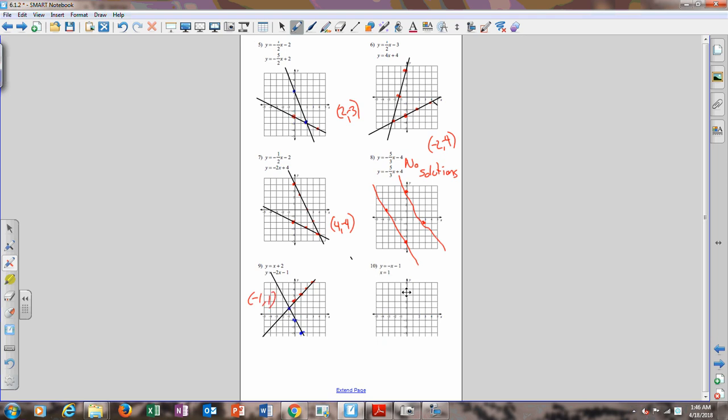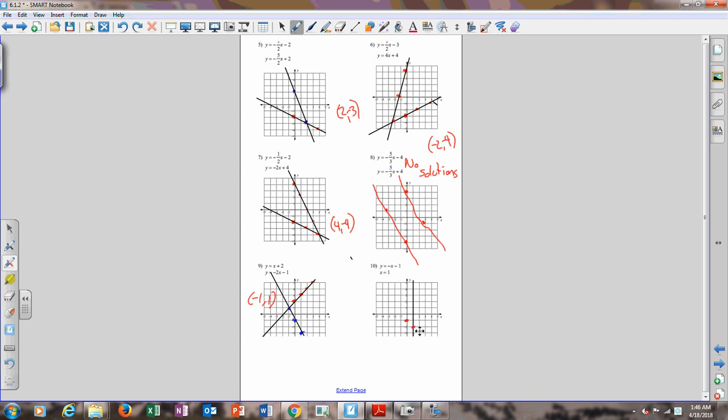And number 10, go over to x equals 1. Draw a line. You can tell my line was so crooked we weren't going to figure anything out. Then negative x minus 1, go down to negative 1, go down 1, right 1.